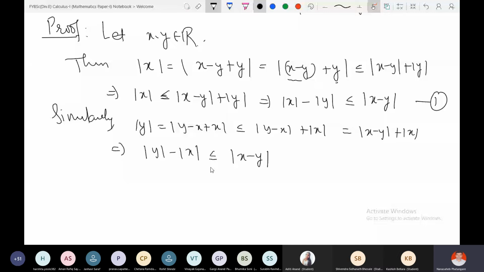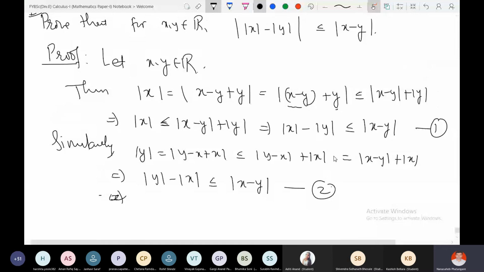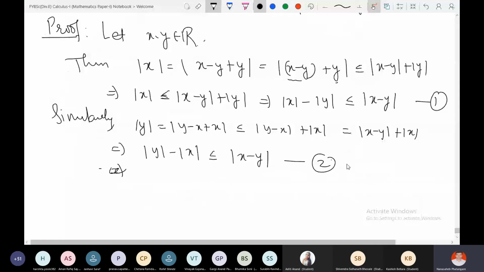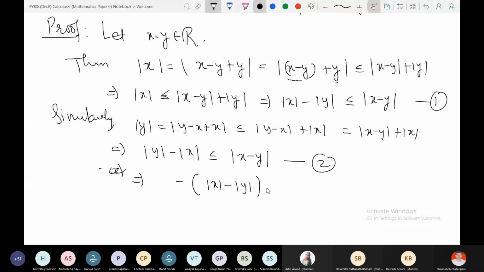Fine. So, what is the situation? Therefore, let us call this expression 2. Now I want to combine expressions 1 and 2. So, from expression 2, what I have, minus of absolute value of y minus absolute value of x is less than or equal to absolute value of x minus y. Am I right?